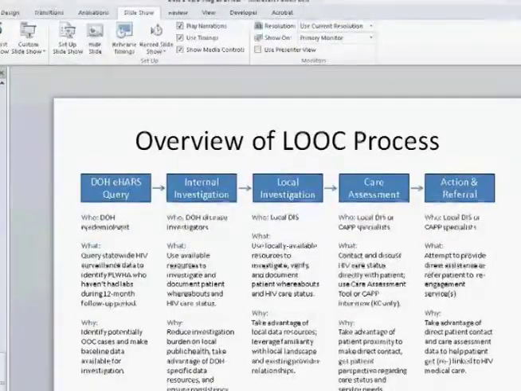But we have a lot of community resources. I think we have patient navigation that we're funding through care and prevention that we're trying to figure out if we can use to do loss to care follow-up. But we're still struggling with what information we can share with them.